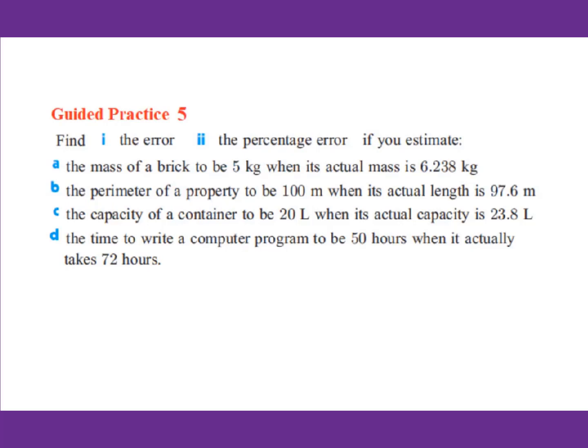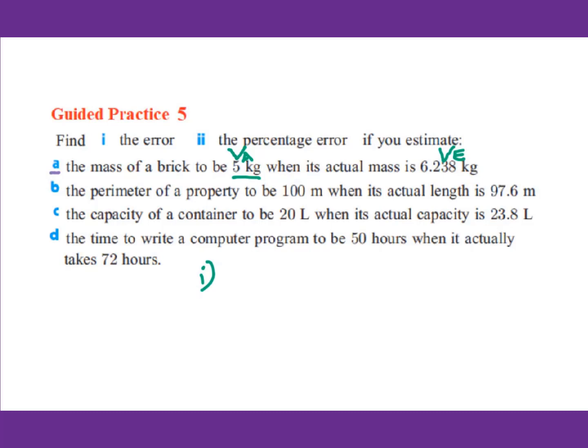Find the error and percentage error if you estimate the following. For A, the mass of a brick to be 5 kilograms when its actual mass is 6.238 kilograms. So this is the exact value. This is the approximate value.